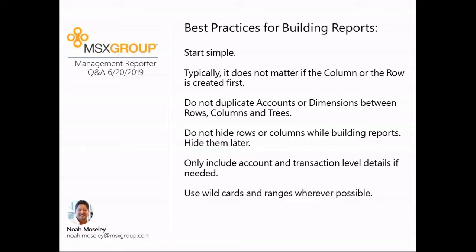So if you're going to refer to account numbers in the row, typically you would not have them also in the column or the tree. Sometimes you could build a report where you have departments or one of your other dimensions in the row definition or in the column. So in that case, you wouldn't want to also duplicate those in the reporting tree. So typically, when you refer to any of your dimensions, it's either going to be in the row by itself or in the column or in the tree, but don't duplicate them between the three.